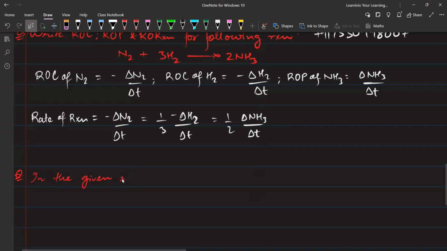In the given reaction, N2 plus 3H2 gives 2NH3.